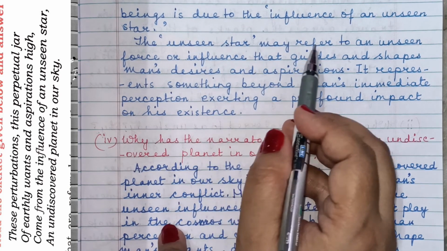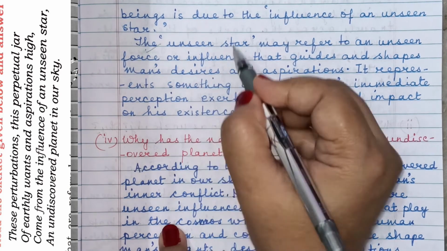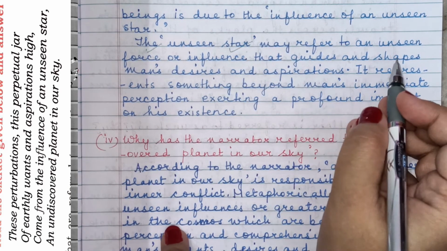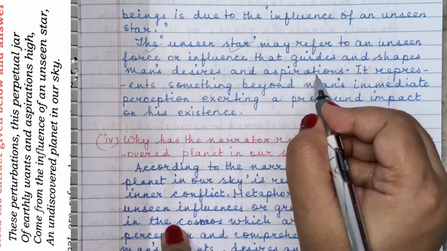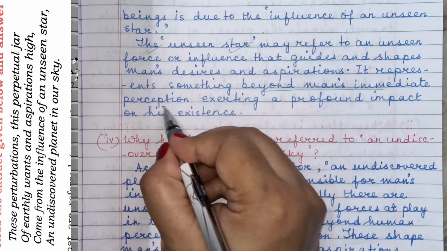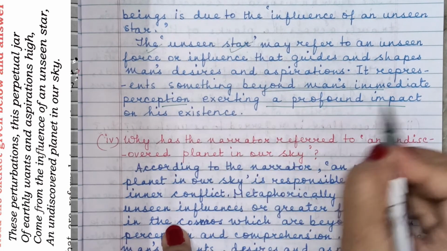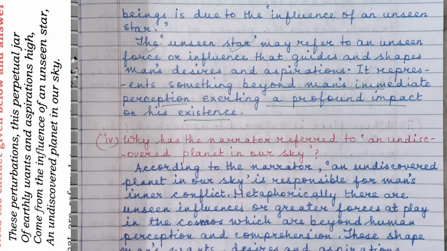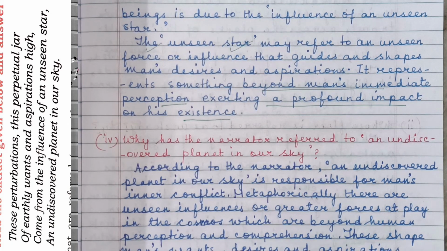The unseen star may refer to an unseen force or influence that guides and shapes man's desires and aspirations. It represents something beyond man's immediate perception, exerting a profound impact on his existence. Unseen, the unknown, the eternity, the vastness of this universe and the unexplored cosmos. The unseen star is a part of this unknown realm.